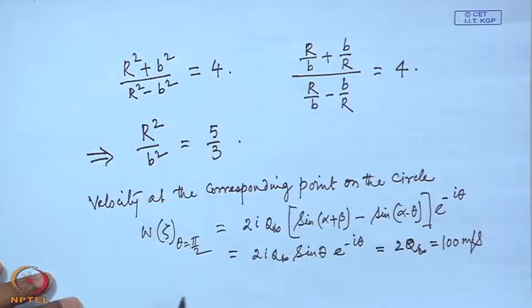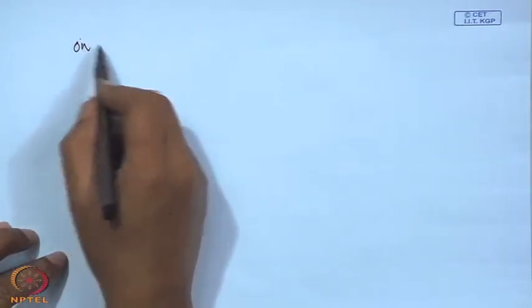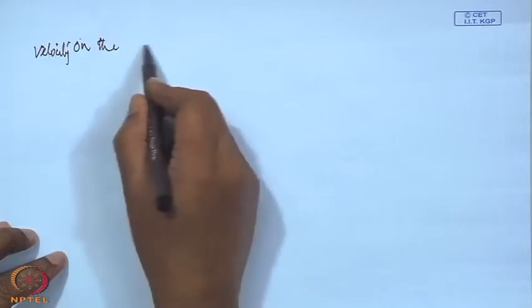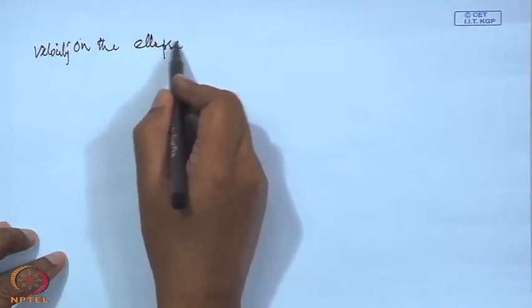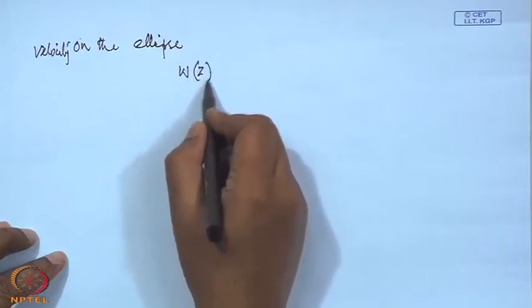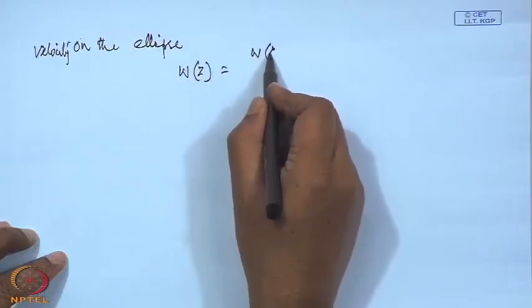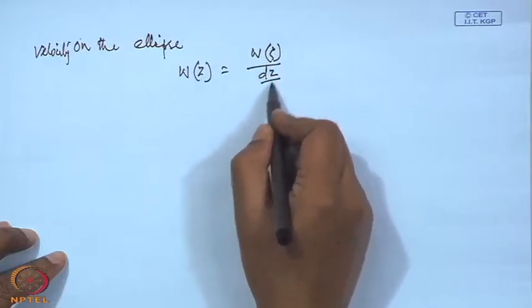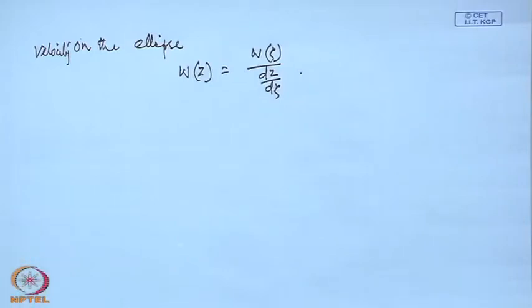Now, what is the velocity on the ellipse? This divided by dz d zeta at theta equal to pi by 2. So, what we need to find is dz d zeta at theta equal to pi by 2.